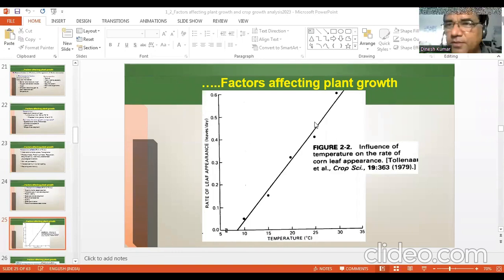You can see it has a very linear relationship. If you increase the temperature, the leaf production is increasing. That means this particular crop would love higher temperature. Up to 32 degrees centigrade, the number of leaves produced increases linearly.